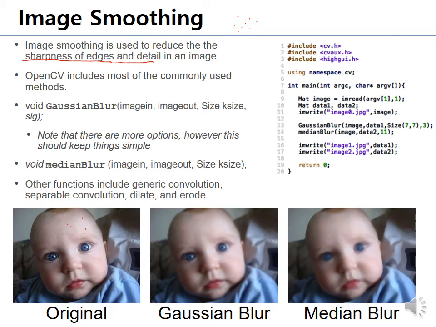There is a very sharp edge between the noise and the original image. So by applying image smoothing, we can eliminate these noises. That is the main purpose of applying image smoothing. OpenCV includes most of the commonly used methods, the Gaussian blur and the median blur.